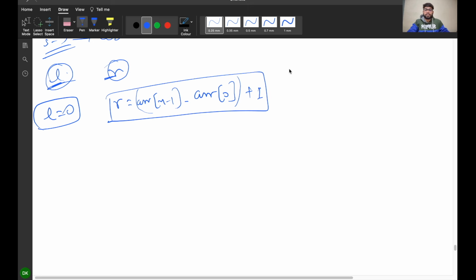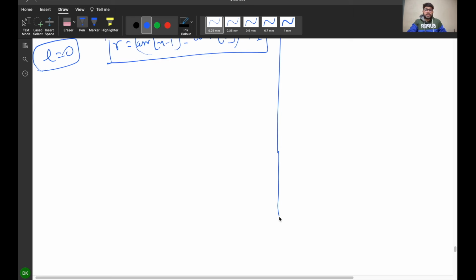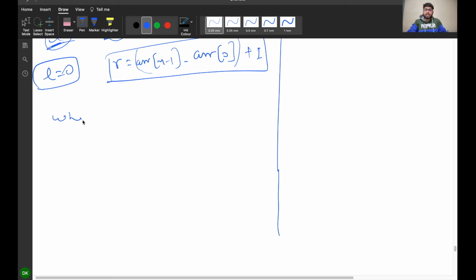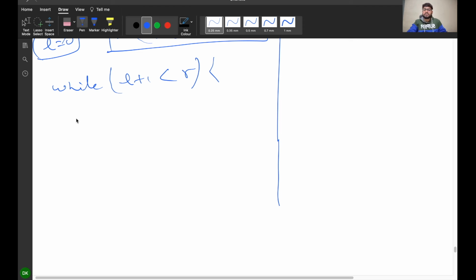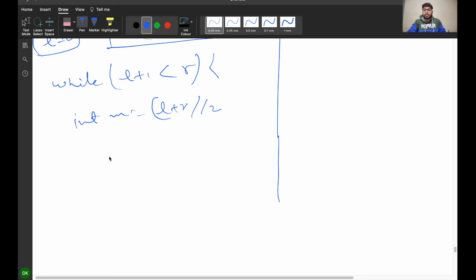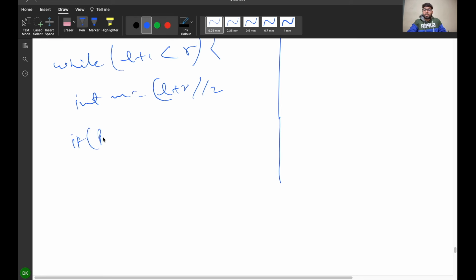Now, after initializing my L and R, I just have to write the while loop: while L plus 1 is less than R. First of all I determine int m equal to (L plus R) divided by 2, and after that if predicate, I have to pass m, the array, the capacity, and the number of buses given.